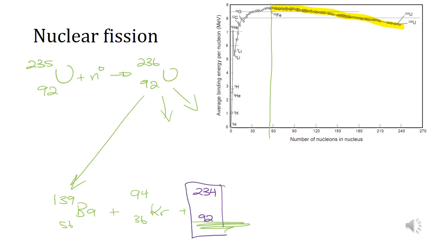So how much mass do I need to replace? 94, not 95, so it's 233. Sorry about that. So 236 minus 233 means that I need to place 3 mass and no charge.